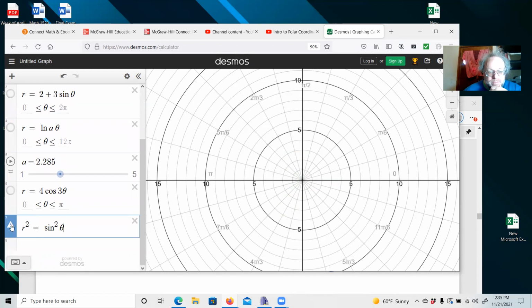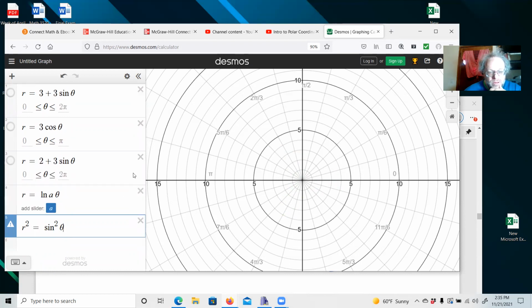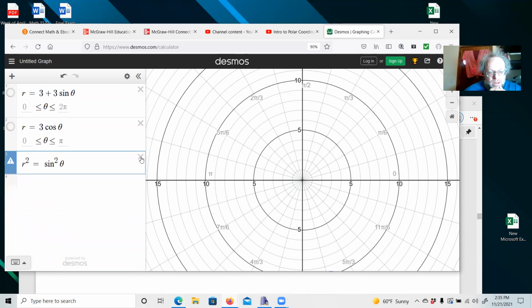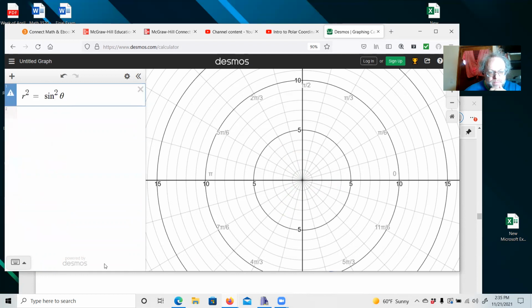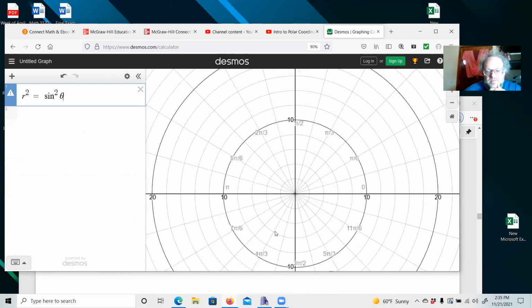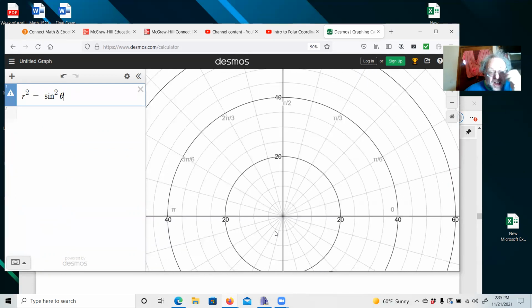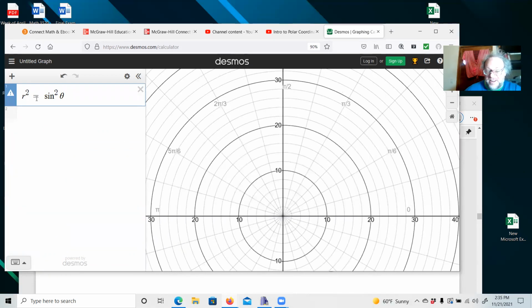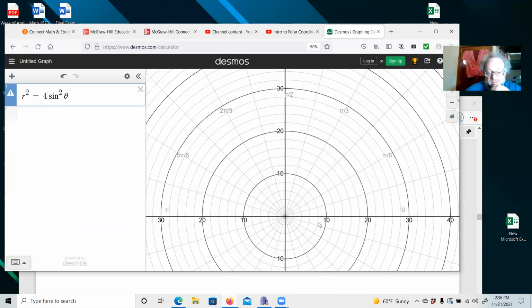Okay, I'll delete some of my thetas and r's. No, I didn't like it at all. Well, that's in your book. I'm not a big fan of this particular one because it's hard to graph by computer. So good luck to anybody doing it by hand, but it's possible.